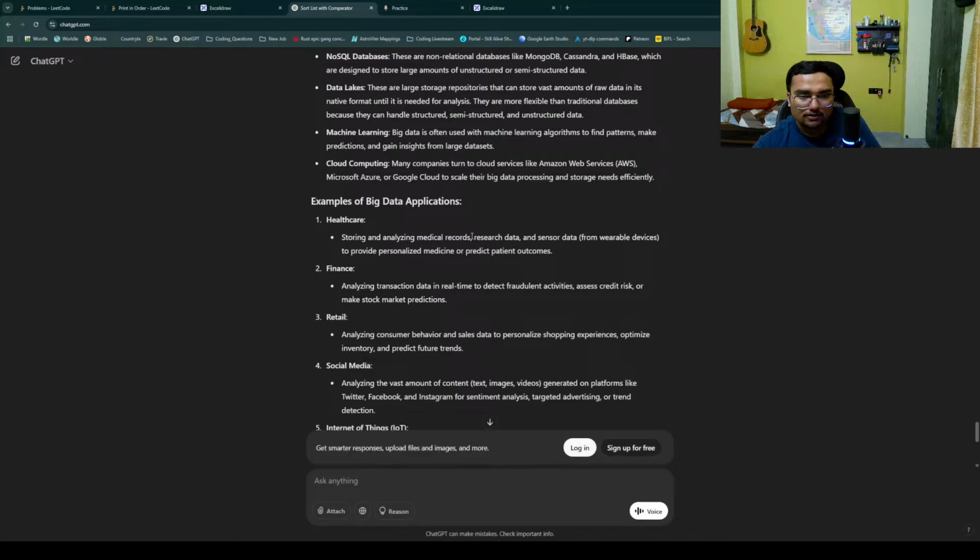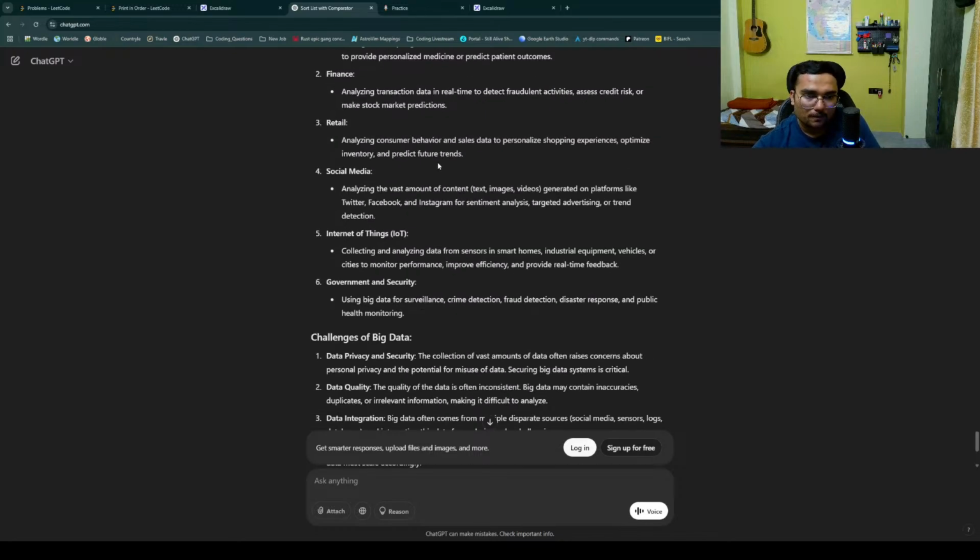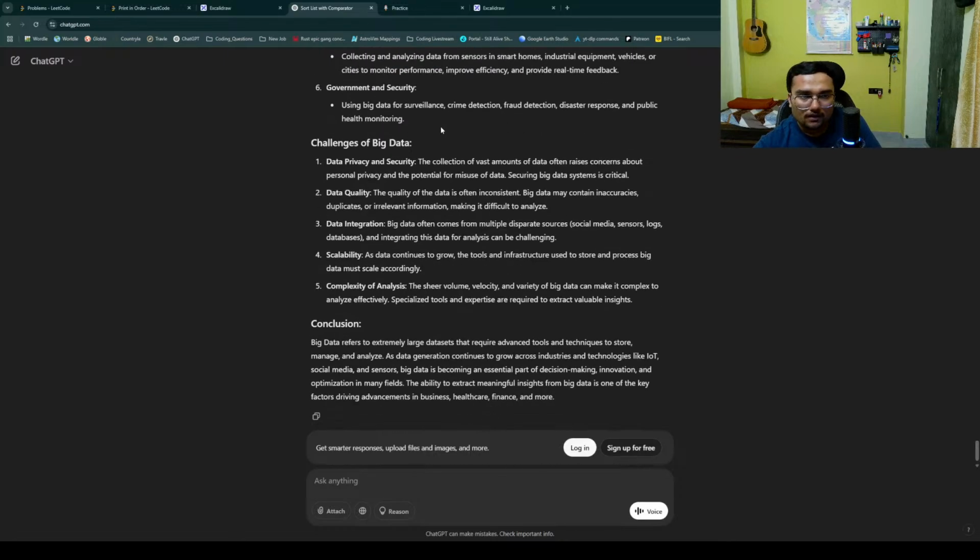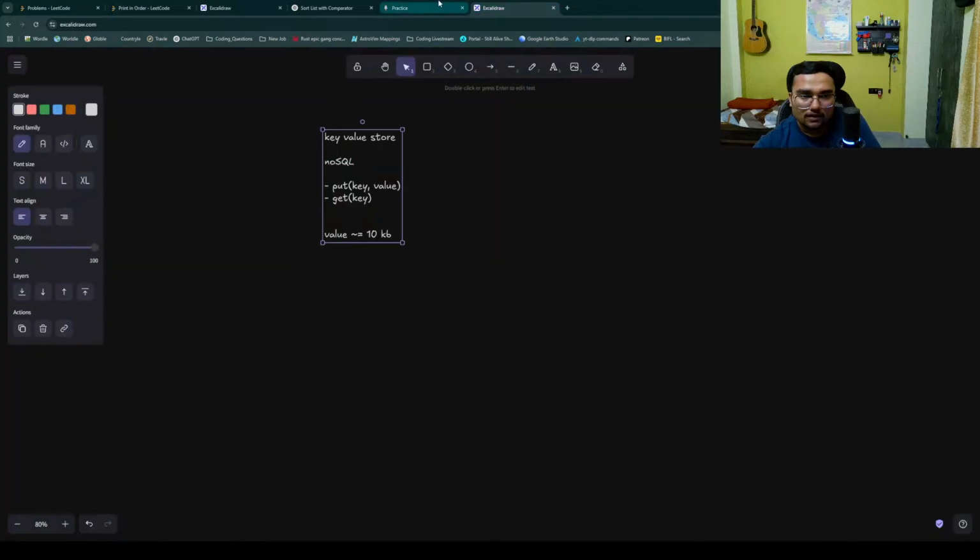Healthcare, medical records, research data, sensor data. Finance, transaction data. Yeah, it's big data. There are billions of transactions happening. Retail, social media, IoT, government and security, surveillance camera. Oh, okay, I get it. Yeah, but NSA captures everything and they analyze it, and privacy isn't a thing there. Anyways, I'm sorry, FBI. Don't come after me now. I apologize.